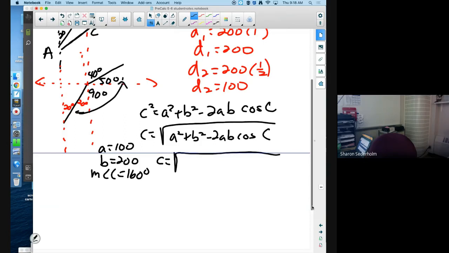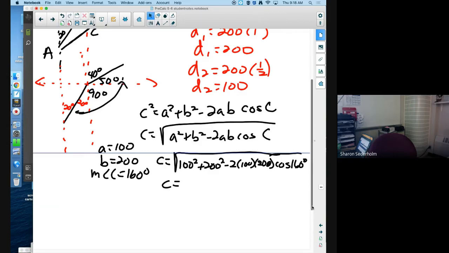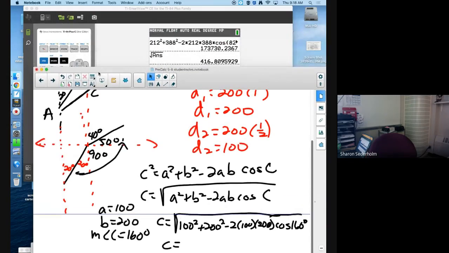So we will have 100 squared plus 200 squared minus 2 times 100 times 200 times the cosine of 160 degrees. And I better move that down so I can see all those zeros.